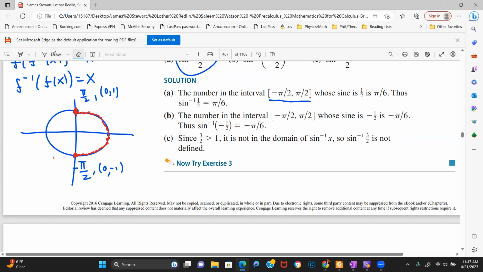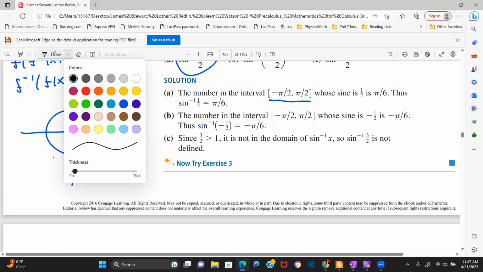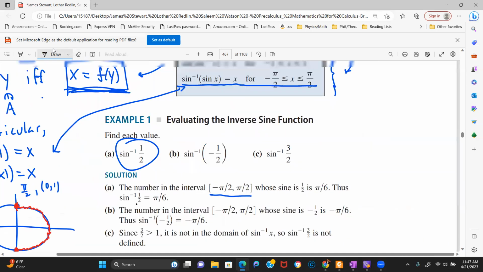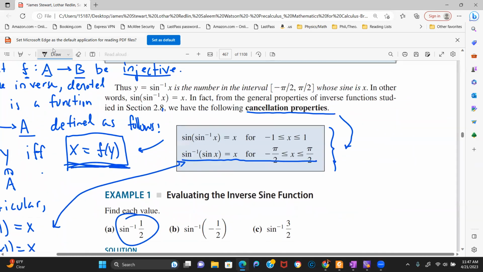So now to figure out what sine inverse does, let's try solving A. We want to figure out what sine inverse is on 1/2. Call it y. We don't know what y is, but whatever y is, this equation holds if and only if sine of y is equal to 1/2.